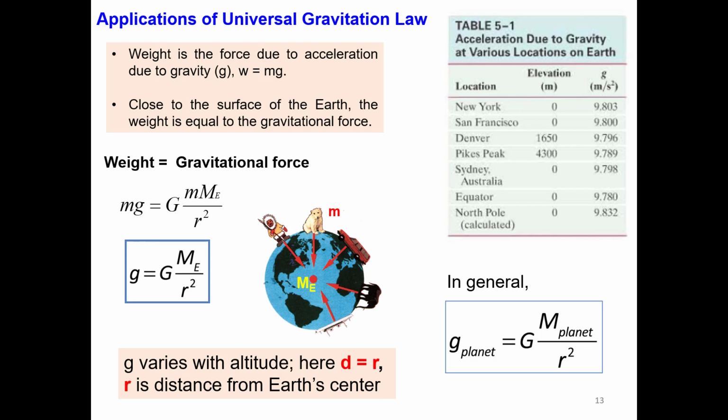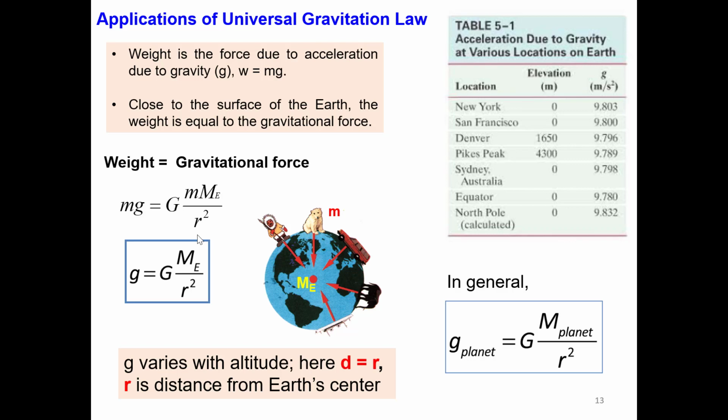If we divide by the mass, the small m, which can be anything, a car, an elephant, any person, then this is the gravitational force, for example, between the Earth and the car. In this case we need to consider the mass of the car.